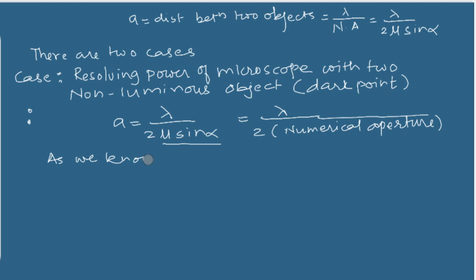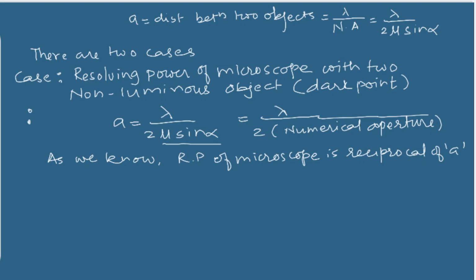what is the definition of resolving power? Resolving power of microscope is the reciprocal of A, where A is the distance.